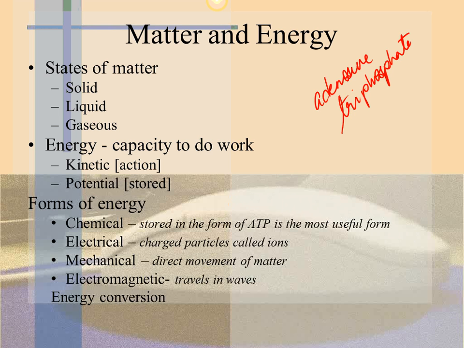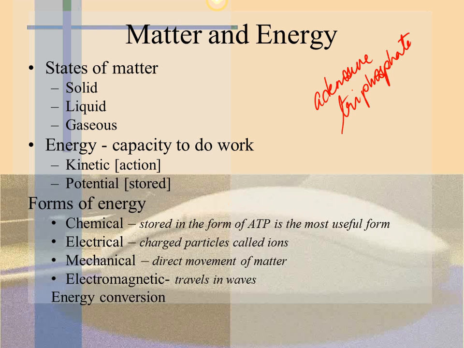Mechanical energy is a direct movement of matter. For example, if I push a table or a chair, that's mechanical energy. In your body, if you lift up something like dumbbells, pushing something with your hand, that's mechanical energy.